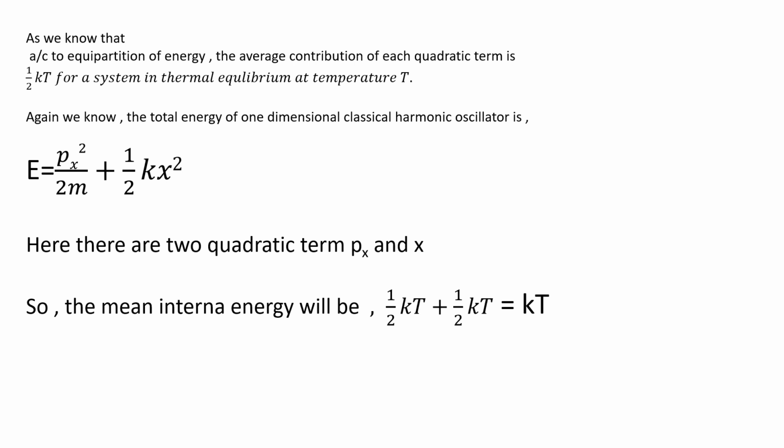Here there are two quadratic terms, px and x. So the mean internal energy will be half kBT plus half kBT, equal to kT. So our answer will be kBT or kT.